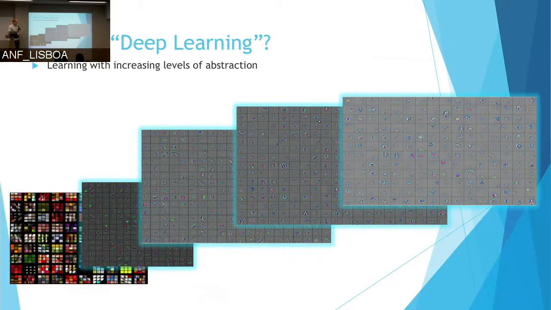So, for example, we start here with little edges or blobs, and then they group together into maybe corners or these ring-like structures. And then you start to get parts of things, like parts of wheels and parts of faces. So this is going from the low layers up to the high layers.